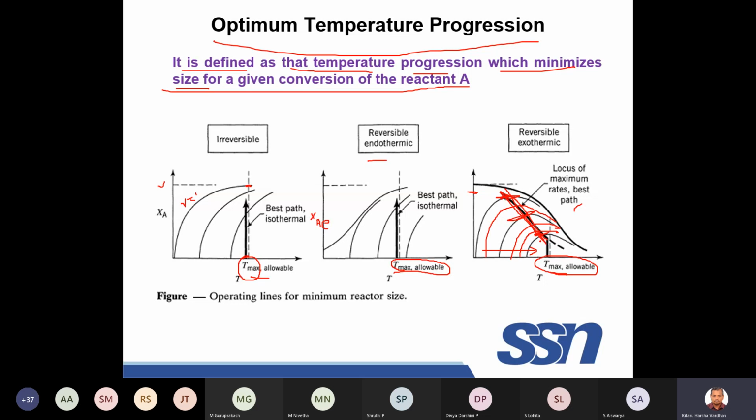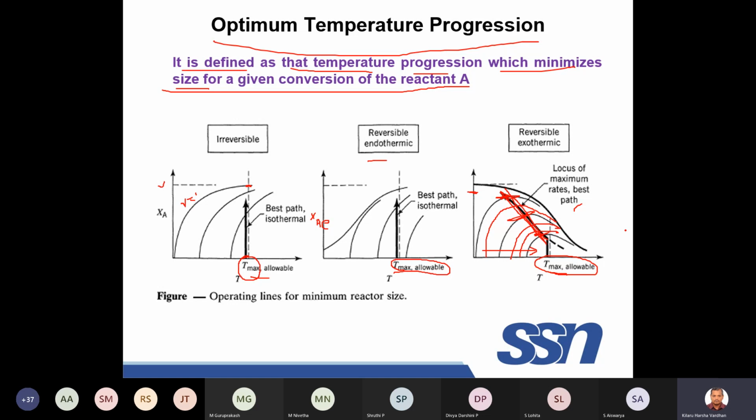Therefore, the reactor size will be much lesser. The temperature at which your reactor size is minimized for a given conversion, whatever may be your conversion, that you call the optimum temperature progression. It's a very important 2 marks question, even an essay question also. You need to draw this and then explain this.